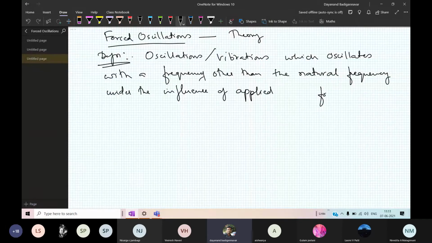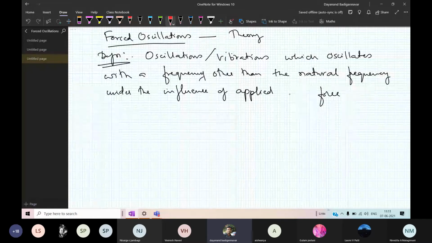Which type of force? Applied periodic force.